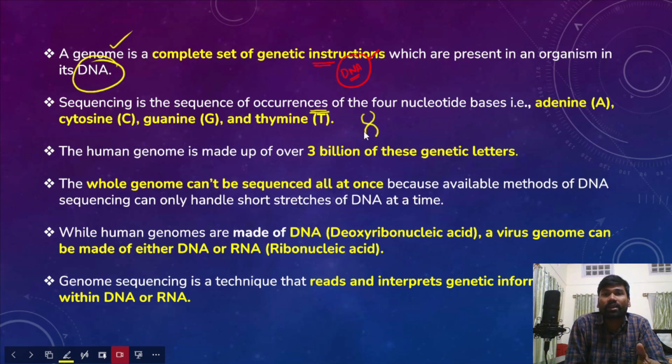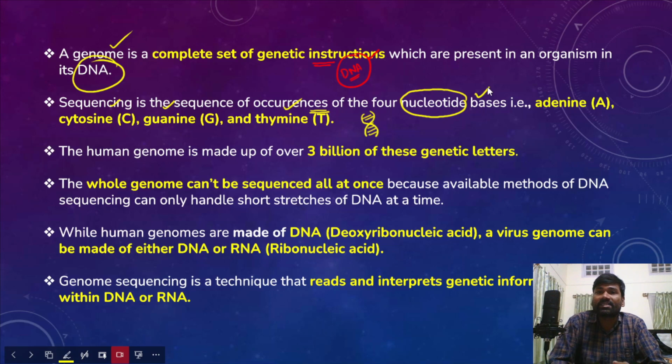DNA actually looks like a double helix model, and in this double helix model there are DNA base pairs. These DNA base pairs are coded with adenine, cytosine, guanine and thymine, which are considered the four nucleotide bases, and these four nucleotide bases code the double helix structure of the DNA, right?